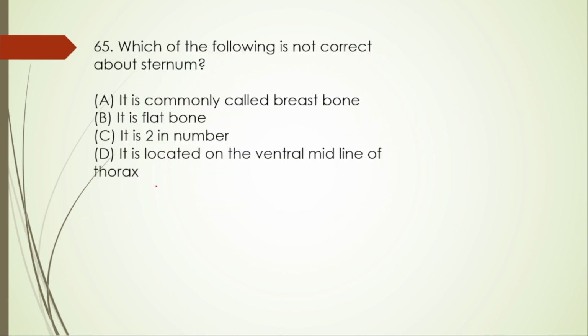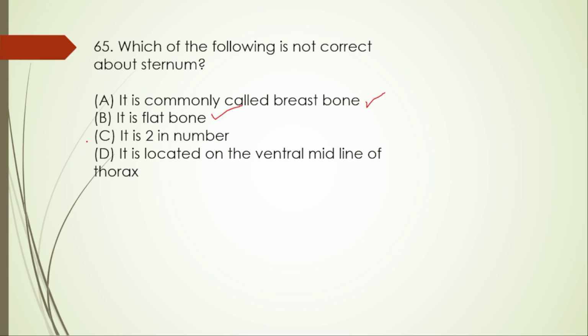65th question. Which of the following is not correct about sternum? A. It is commonly called as breastbone. Yes, this is correct because sternum is a long and flat bone located in the center of the chest. So this one is right. B. It is flat bone. Yes, just now I said. This one is correct. C. It is 2 in number.